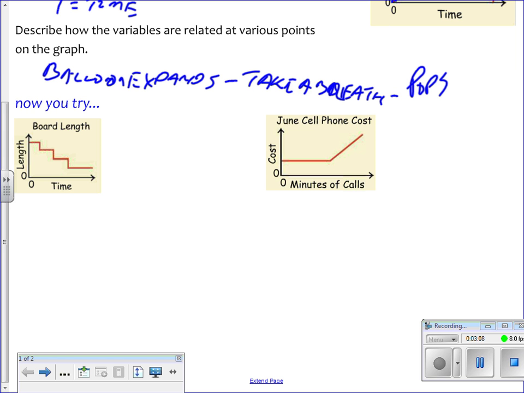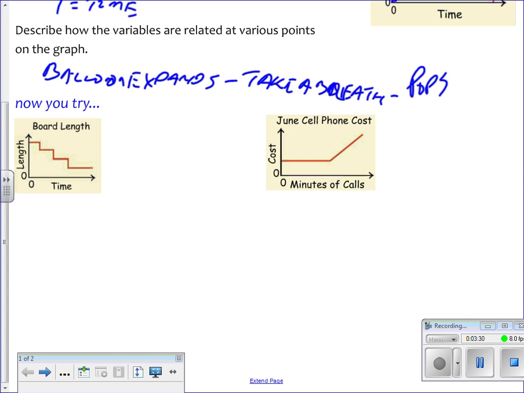Second, describe what's going on. First one, you've got a board length, and the second one, you've got how much a cell phone costs. So do the same thing I just did. First, identify two variables, one for each thing. That should be easy enough to do. Second, try to use the graph to describe what's going on, like I did with blowing up the balloon.